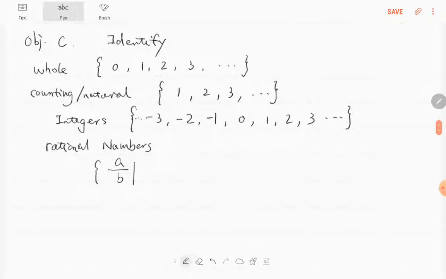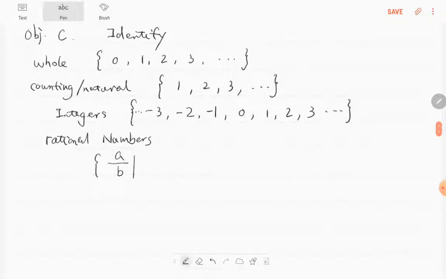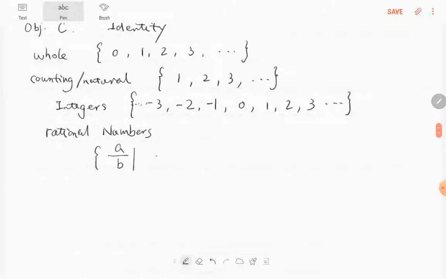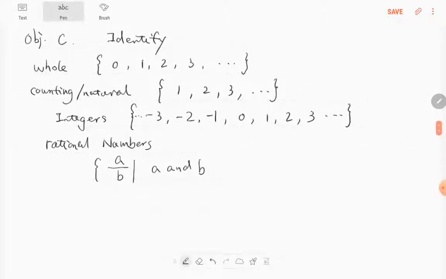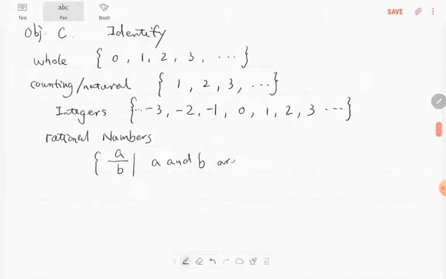So any number can be represented by this form, A over B, where A and B are both integers. And because B is the denominator here, B is not equal to 0.